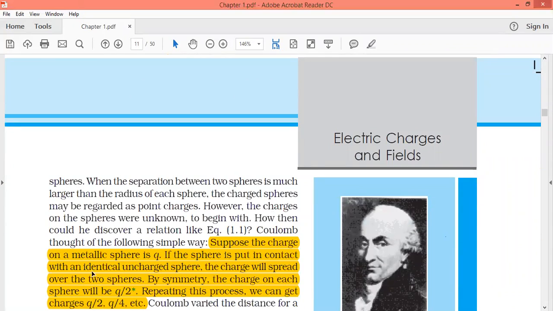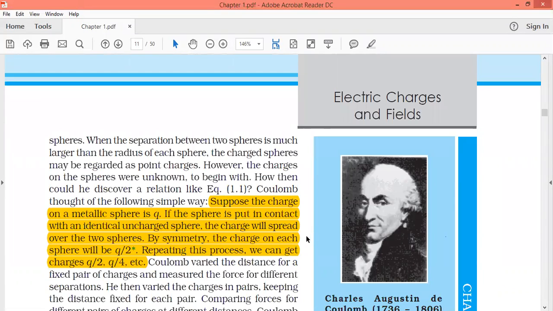How Coulomb found this formula is discussed elsewhere, but that is not important. The next point may be important for your NEET exam or JEE exam, that is why we will be discussing it.